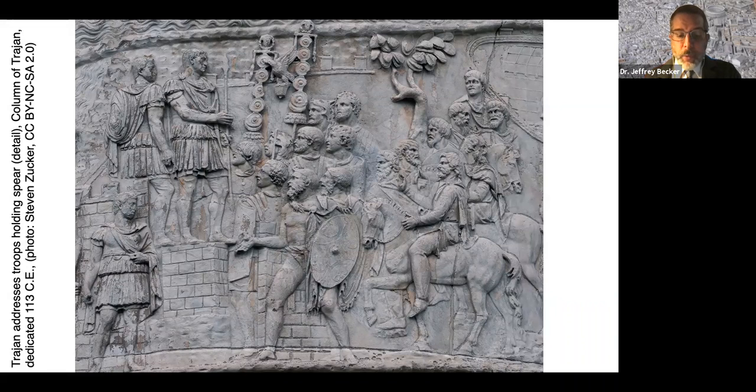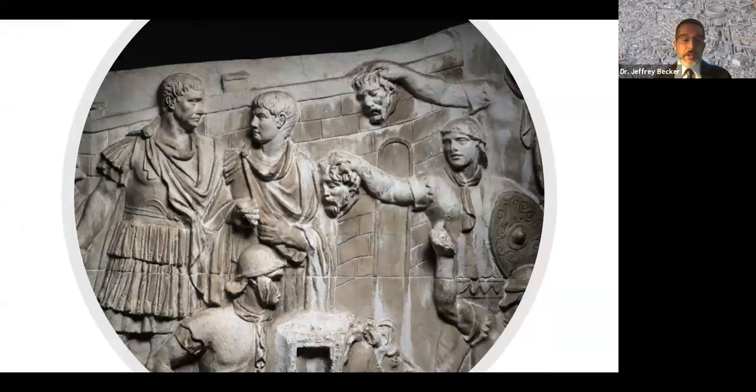But we're also forced to remember that the Column of Trajan is a victory monument. There are difficulties to looking at and talking about the Column of Trajan. This is a monument to Roman success. In this case, Roman success meant Dacian defeat. And so the column as a monument to victory is in some ways gruesome, right?